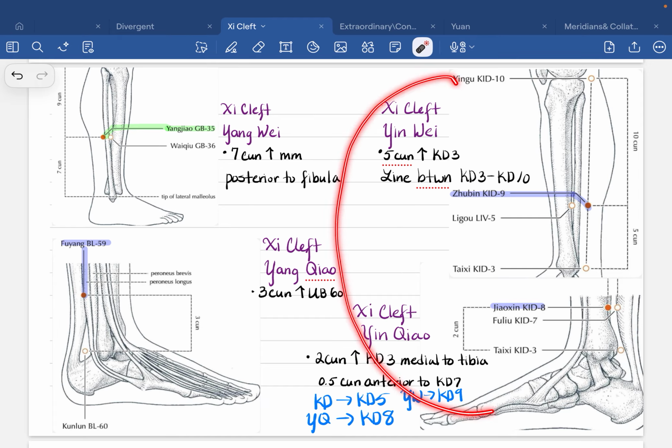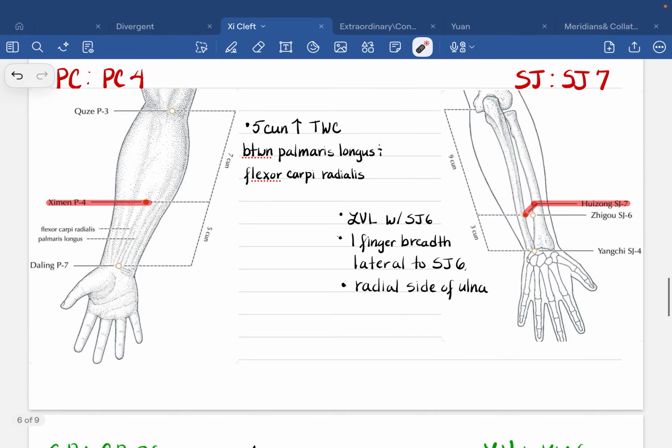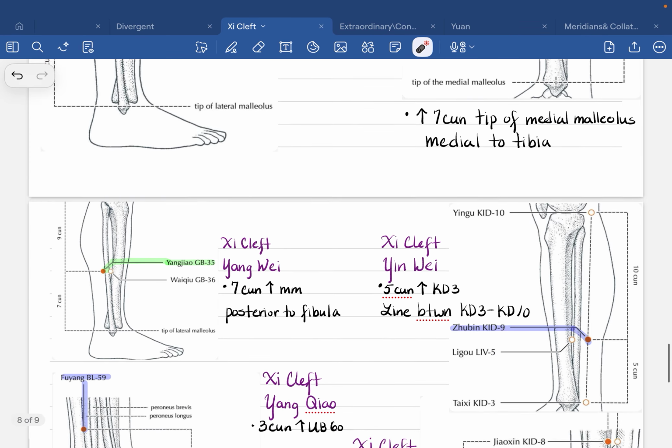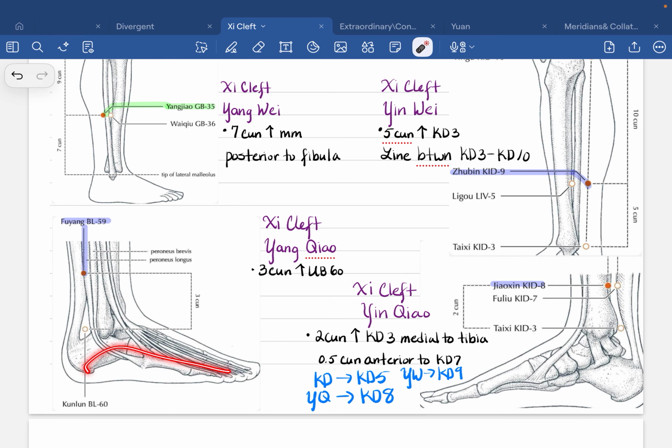And 2 of them are the extraordinary. One of them is from the primary. And even the xi-cleft for the yang qiao is UB. But there's another UB point for the xi-cleft, which is the UB itself, UB 63, which is further by the outer side of the foot.